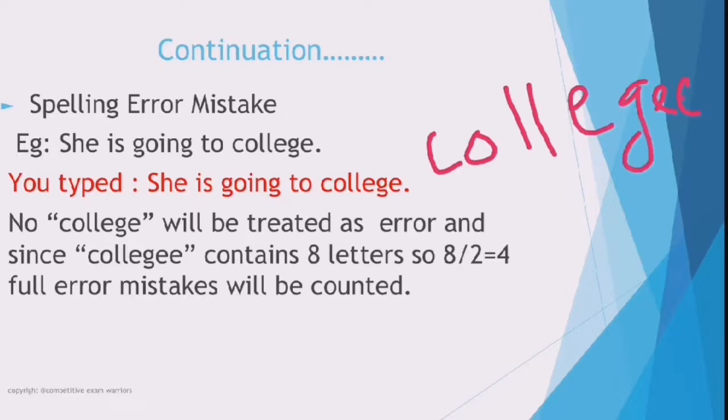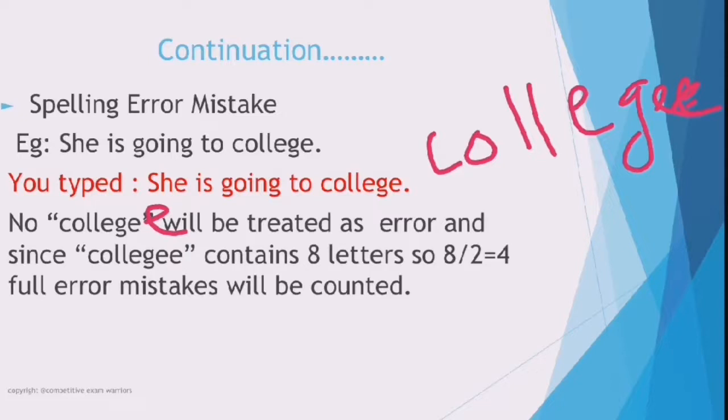So there is an addition of an extra E in college. This extra E will be treated as an error, and since college contains 8 letters, 8 by 2 equals 4 full error mistakes that will be counted.